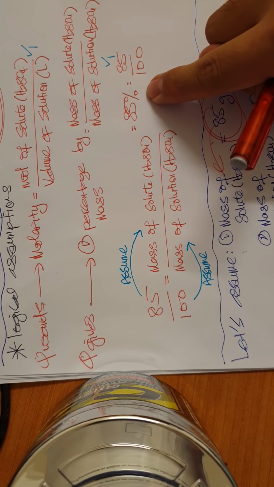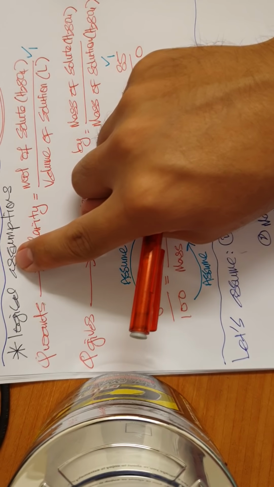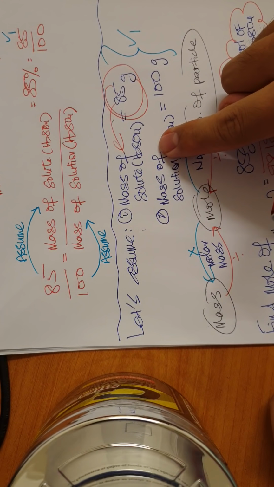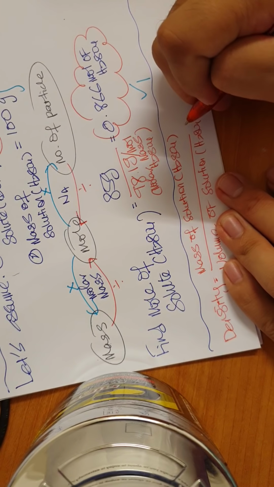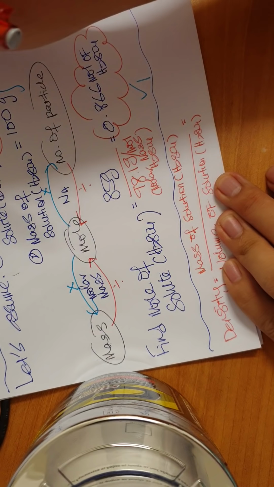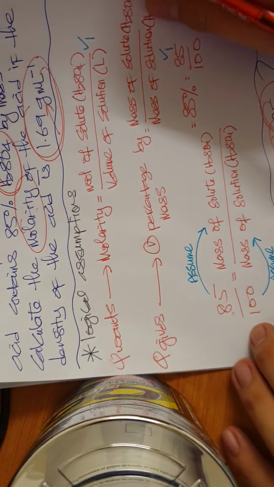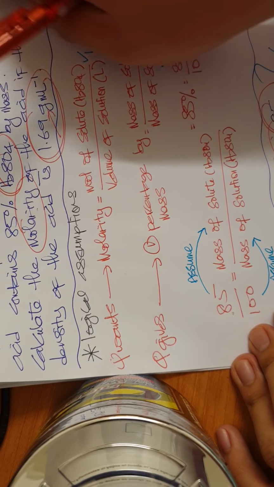Ini given, okay? So from the percentage by mass, we have done our logical assumption to get this information. So now you have got the mass of solution. Alright, so density berapa tadi? Density tu dia ada, if we go back to the question again, 1.69 gram per mil.